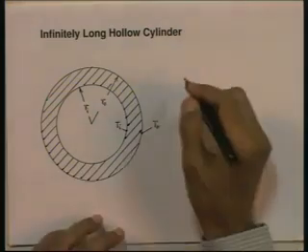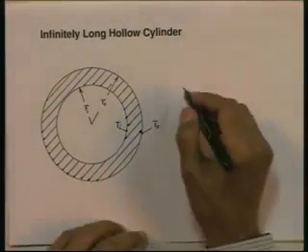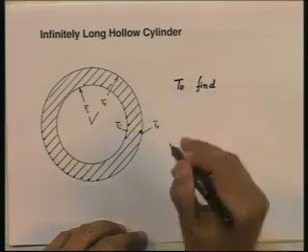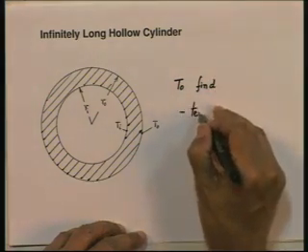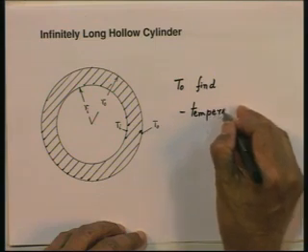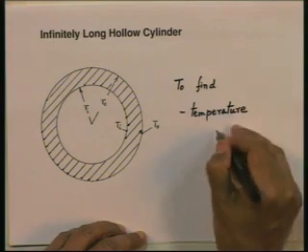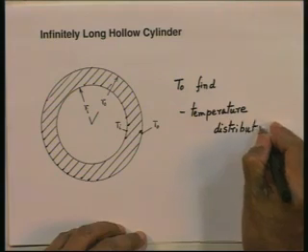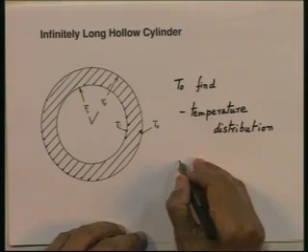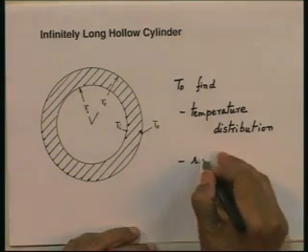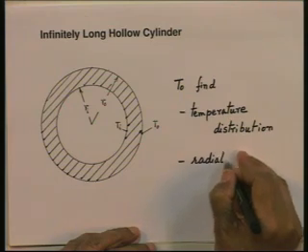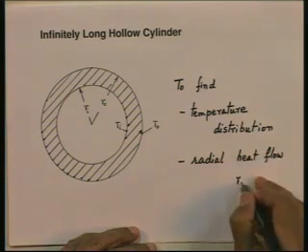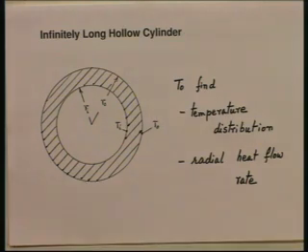I would like to find, again like in the earlier case, first of all the temperature distribution in the solid, and secondly to find the radial heat flow rate, just like in the earlier case.